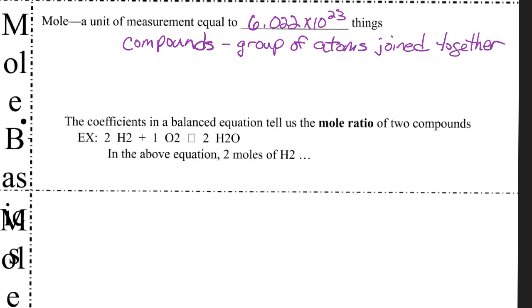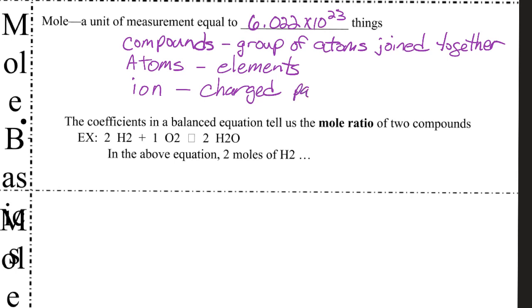Or we could be counting atoms in chemistry, and these would be elements. Or we could be counting ions, which are charged particles. These are the types of things that we would count in chemistry. Now, a mole is a very, very big number because the things that we're counting are very, very, very small.